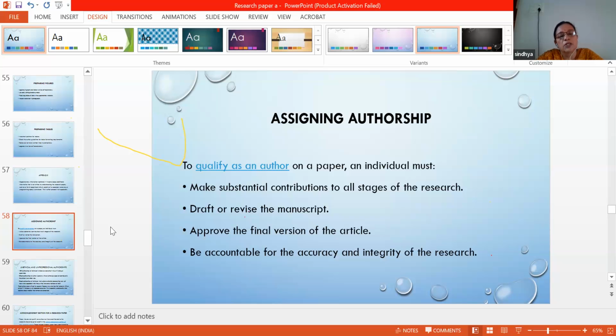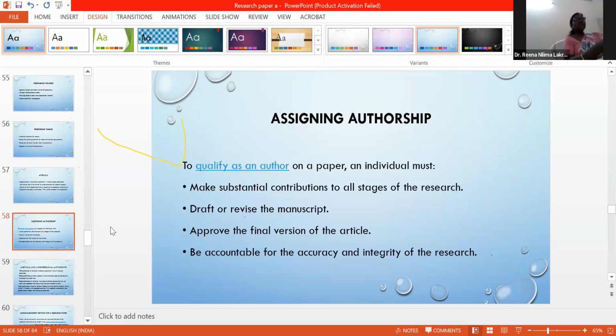Then you can be an author when you draft or revise the manuscript. If your mentor or guide is revising the manuscript and making some modifications, he also can be an author. Then approving the final version of the article: if some other person supports preparing your article, proofreads, helps in its preparation and approves the final version, he also can be an author.